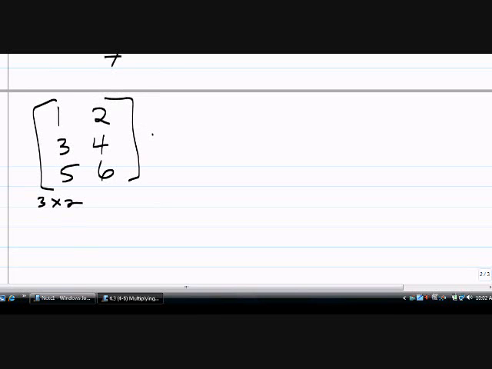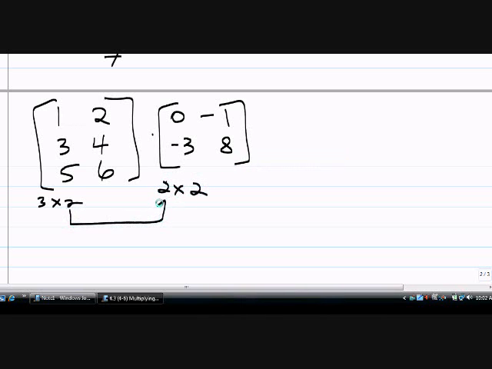It's got to be 2 rows. So this one, let's make it a 2 by 2: 0, -1, -3, and 8. These two inside dimensions are equal, so we're okay. And my resulting matrix is 3 by 2.